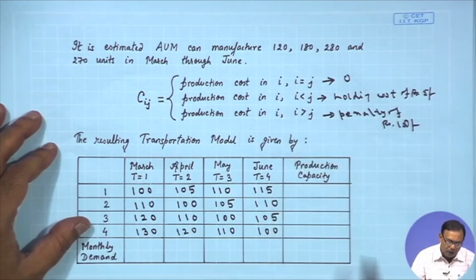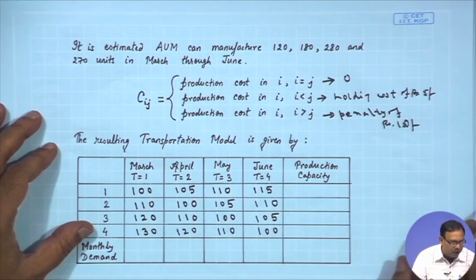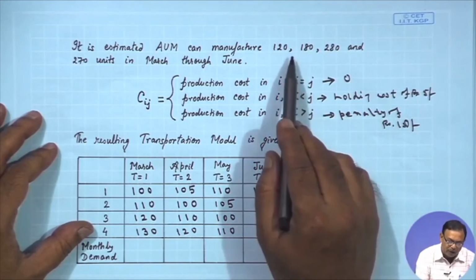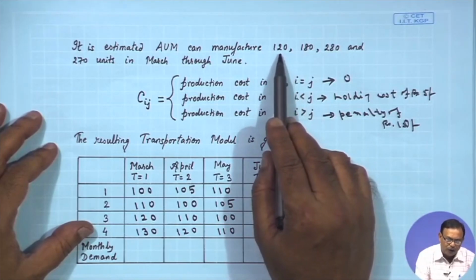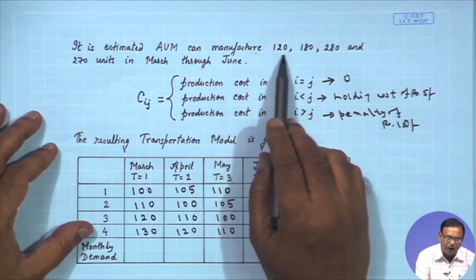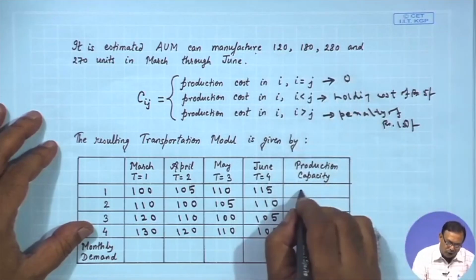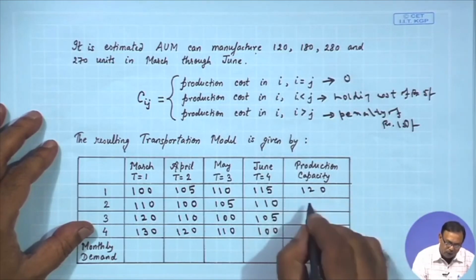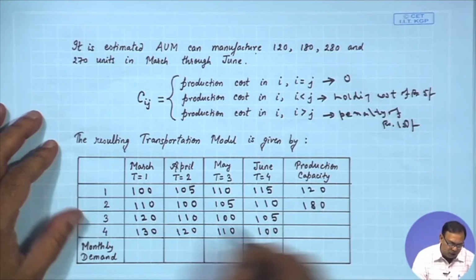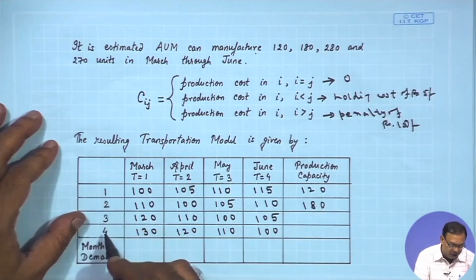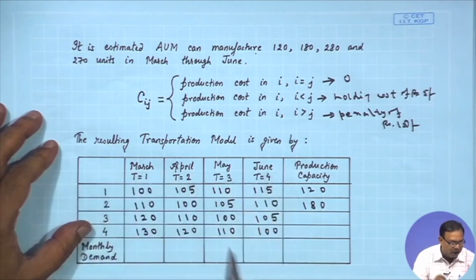So, this way, here the production capacity has been told: it can be estimated to manufacture this many quantities. So, this will be 120, 180, 280 and 270, because this represents the month and this represents the year.